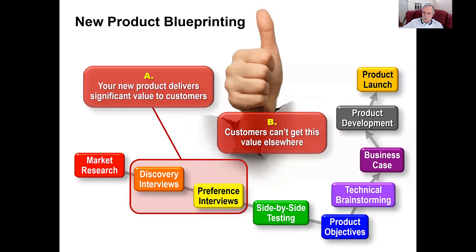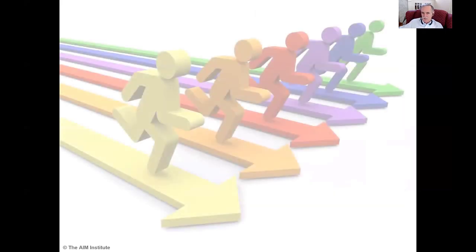So we learn about A with our interviews, but really it's side-by-side testing that informs us on B. Now you get a clue in your preference interviews. If they say they're very dissatisfied with their ability to achieve some outcomes, well, they're probably having a hard time getting it somewhere else. But you really learn a lot more when you do the full side-by-side testing.